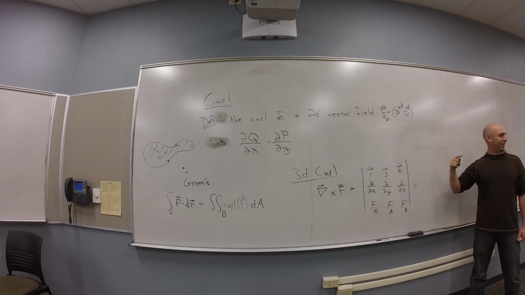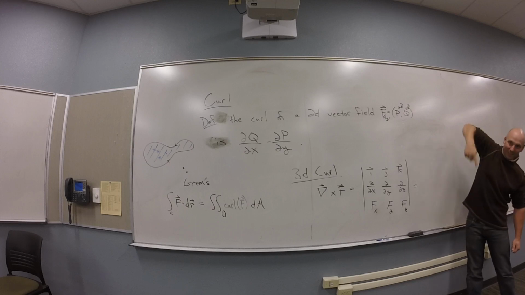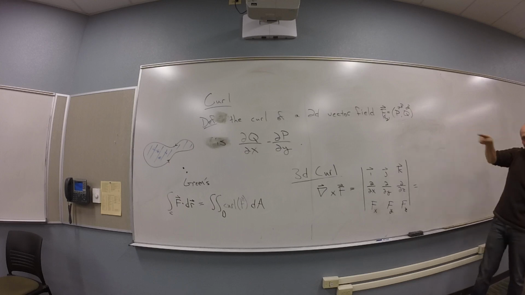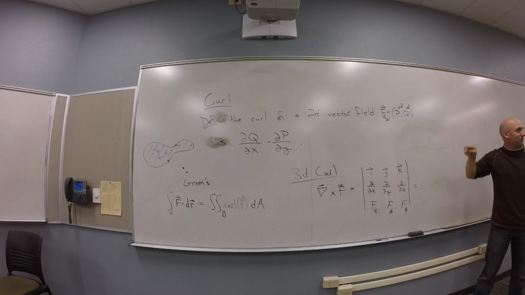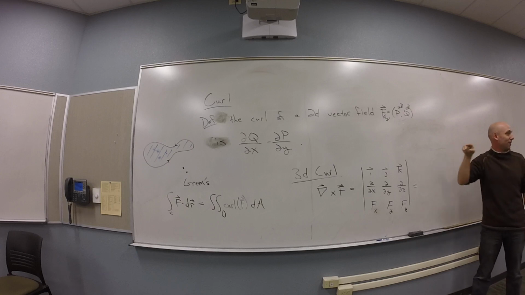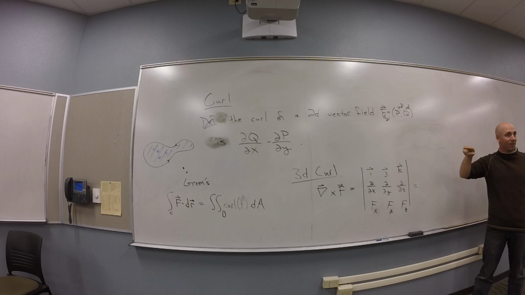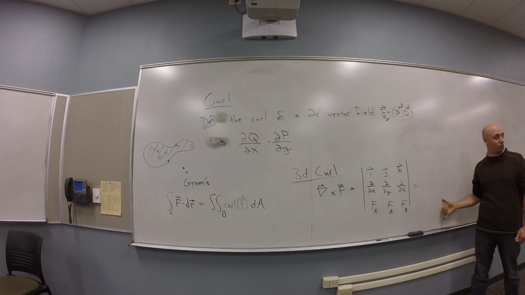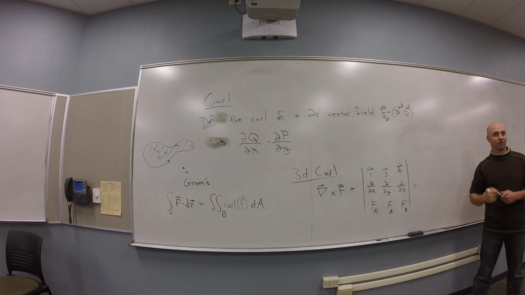They can spin this way, or this way, or that way, right? So I have to keep track of 2 things: which way that little paddle wheel points and how fast it's turning. That's a magnitude and a direction, so I should be getting a vector. You guys see that?